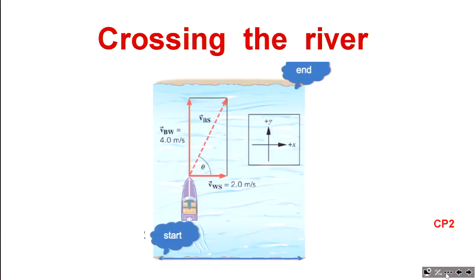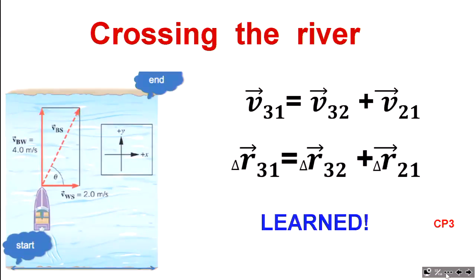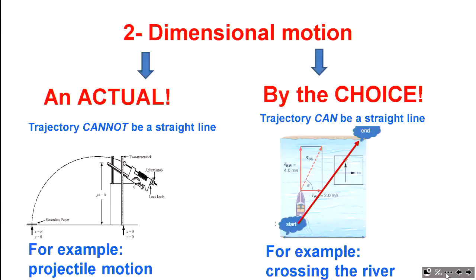Again, technically, this is nothing new. This is application of a well-established and learned theory to a slightly different situation. The projectile motion, which we learned yesterday, is an actual two-dimensional motion. This motion is not two-dimensional. You saw the cart was traveling along a straight line.